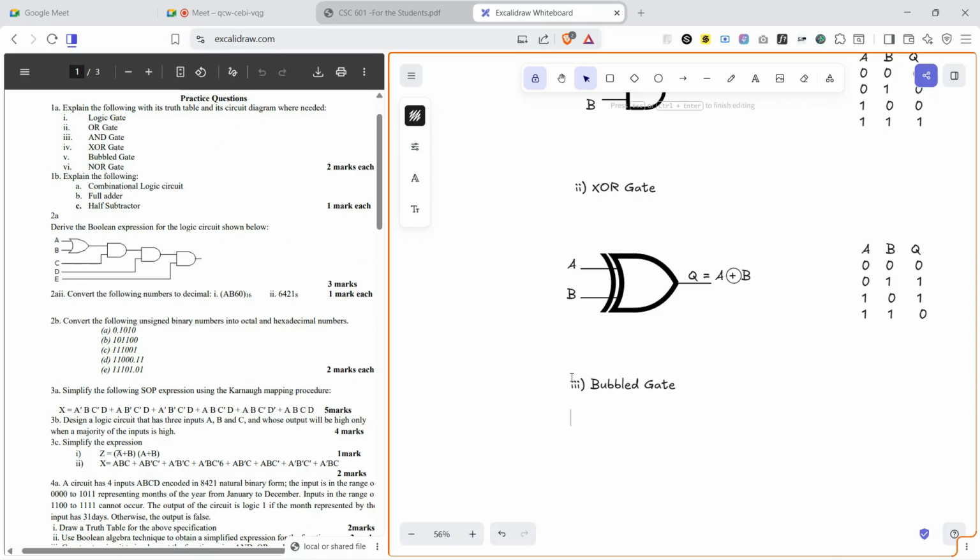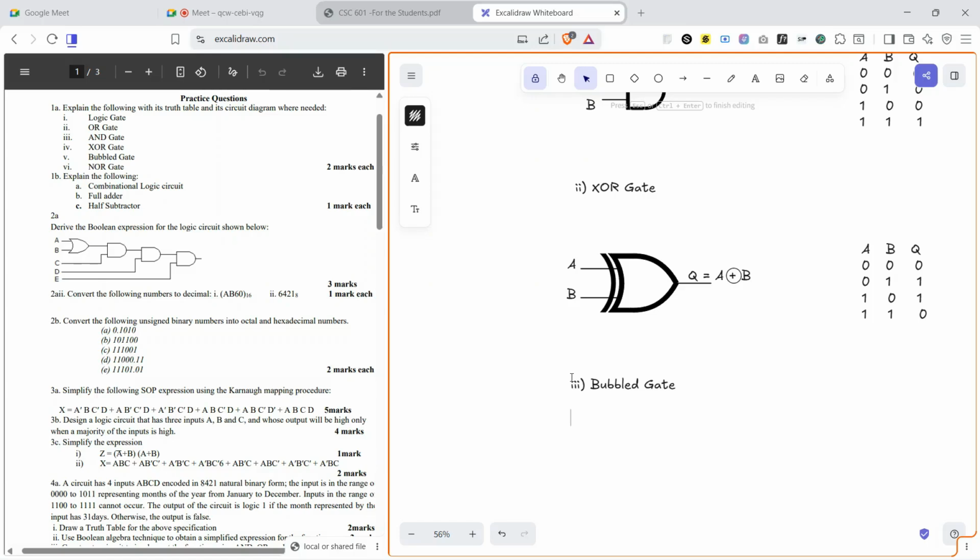So bubble gates are gates that have a bubble either at the inputs or at the outputs, and they are used in place of the original. They still give the same output, but they are used in place of the original gates if the original gate is not available.